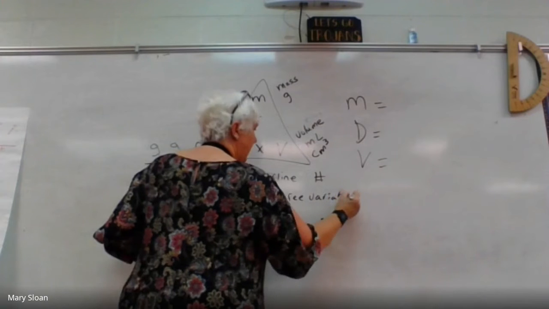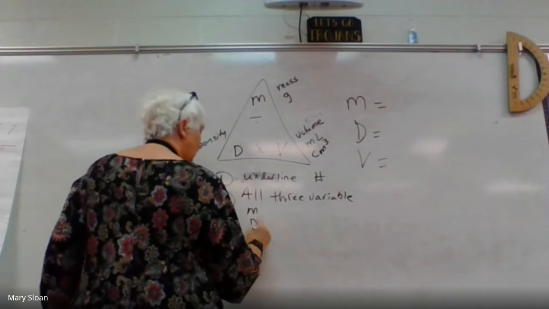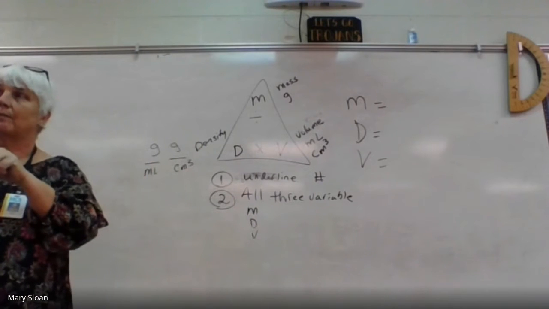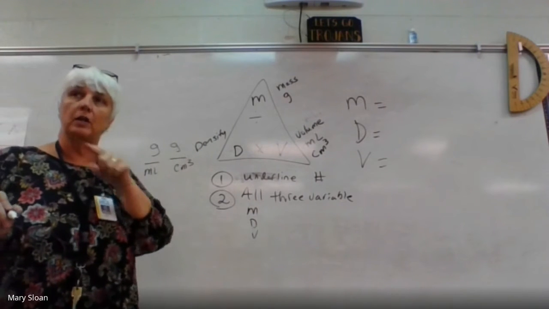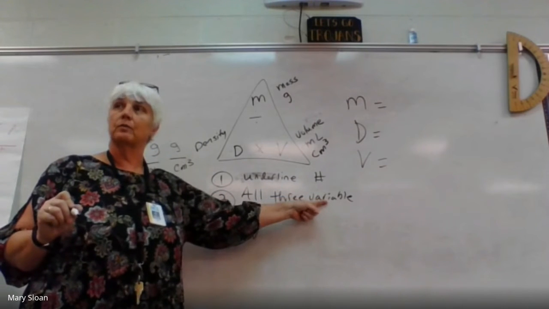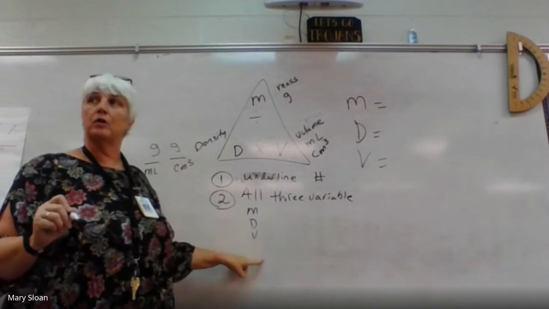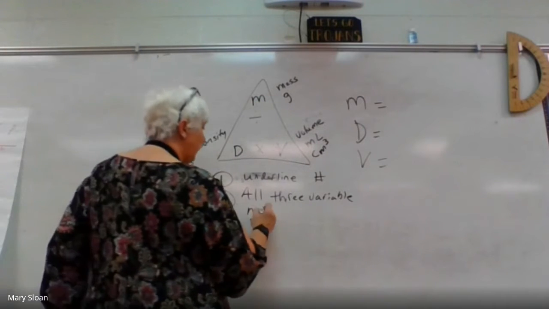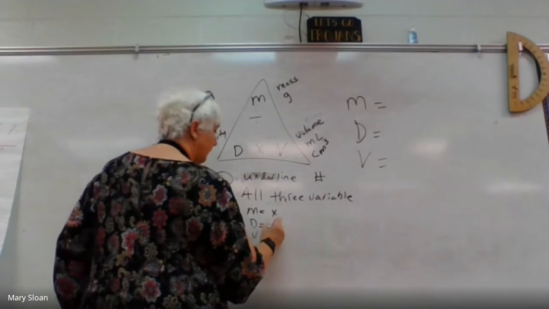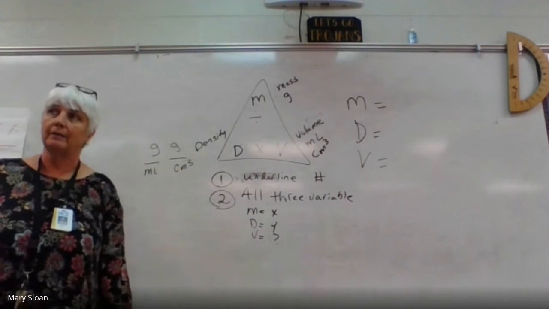What I mean by that is you're going to write down M, D, and V on your paper. The next thing you're going to do is look at the word problem and find those variables. Now, you look at the units to see which one it goes to, right? So you're going to put in the ones that you have, and the ones that you don't have, that's what you're solving for, right?